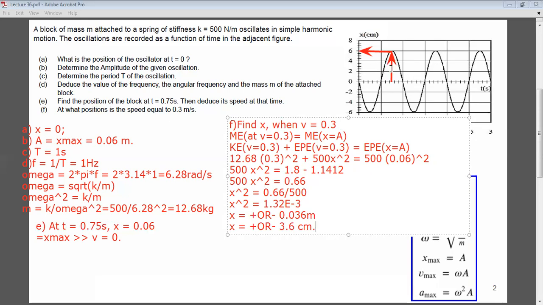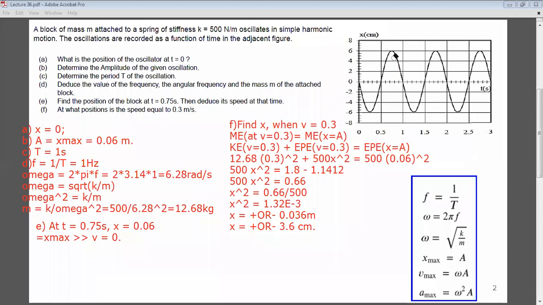So at x equal plus or minus 3.6, which is almost here. So this is 3, this is 4. So 3.6 is almost here. So at this value and at this value, we have v equal 0.3. Okay. So that's it for today's lecture. Bye-bye.